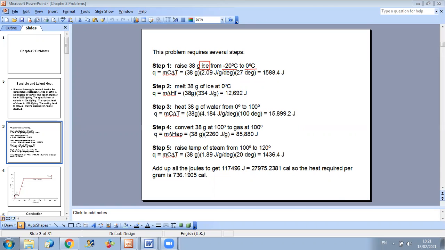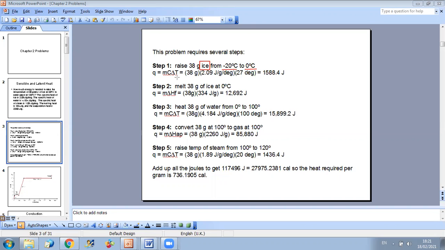So in this case, this is a sensible heat. Because when you don't have a change of phase and you supply heat, the temperature will increase, and this is called sensible heating. So the sensible heating for the solid is the mass of the solid times the heat capacity of ice, times the variation of temperature, delta T.